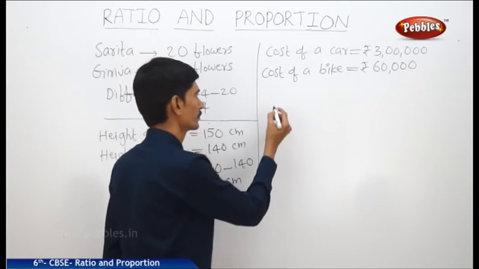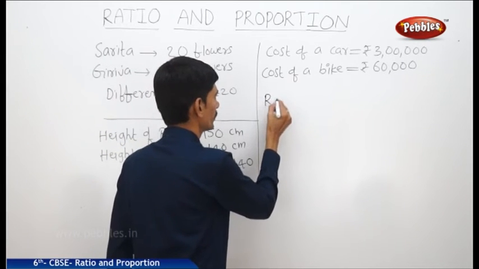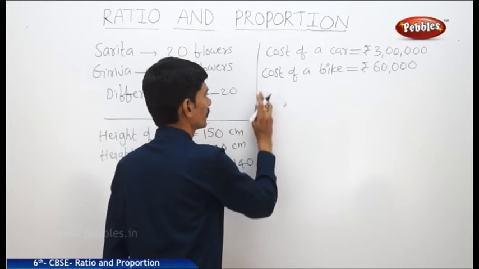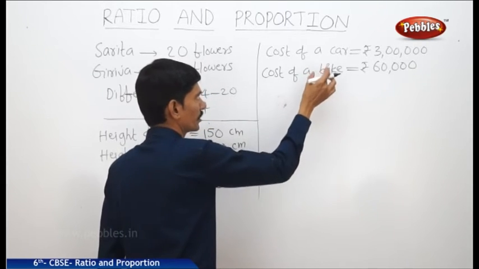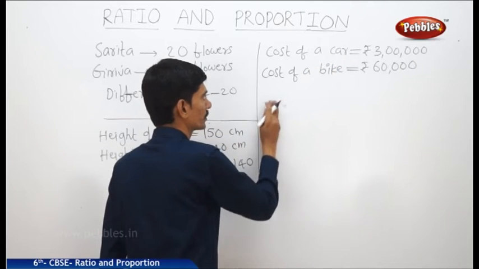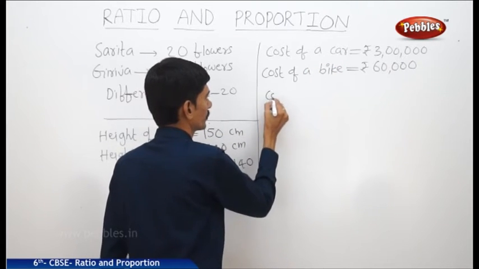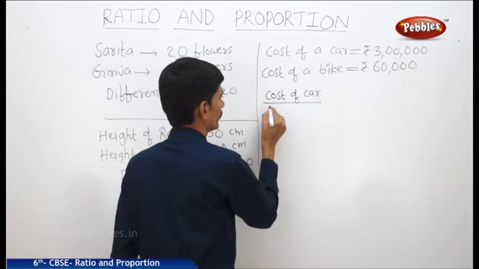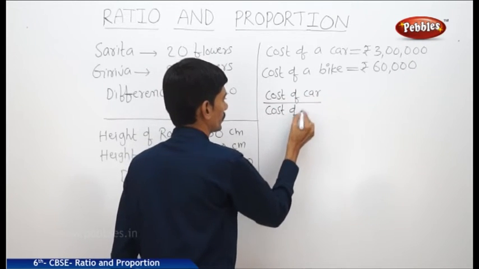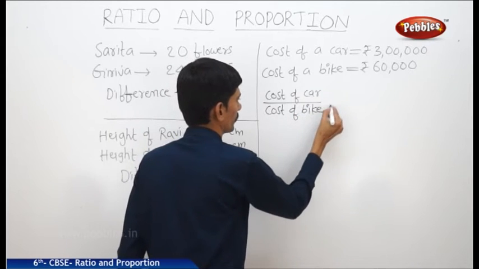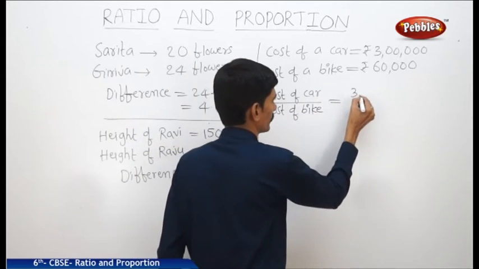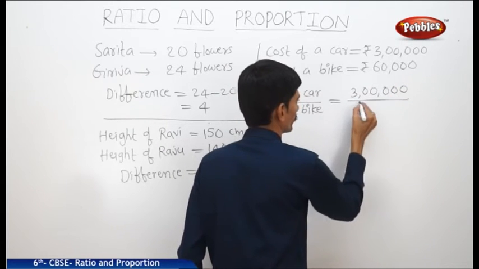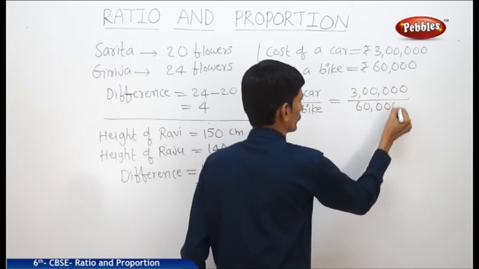So we can find the ratio of the cost, or we can divide the cost of the car by the cost of the bike. So we can write cost of car by cost of bike equals 3 lakh rupees by 60,000 rupees.